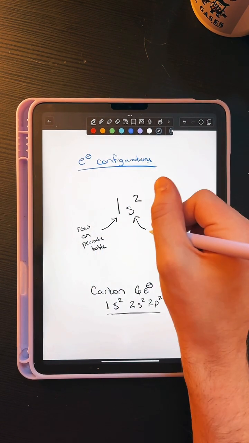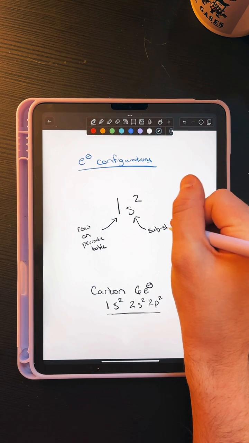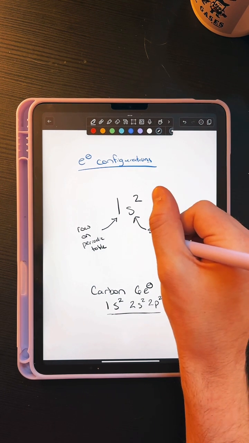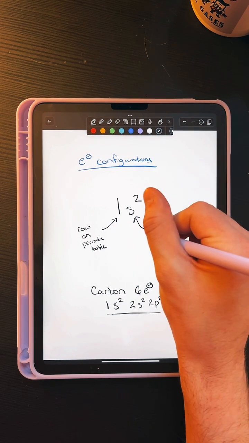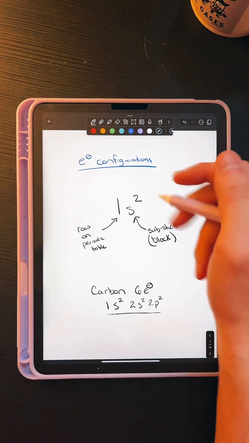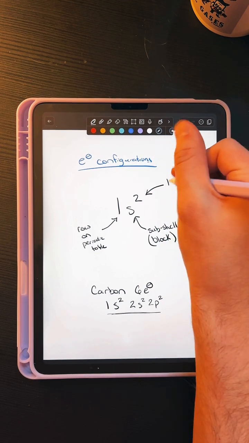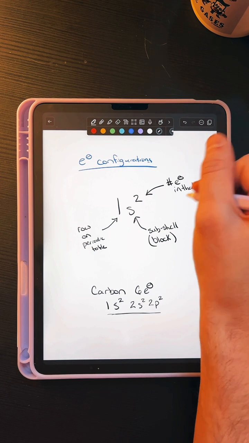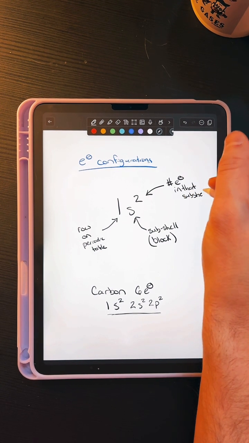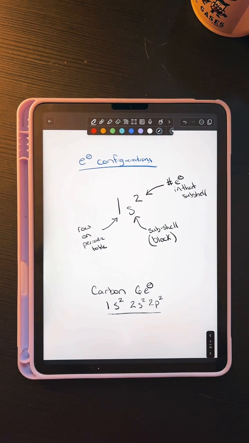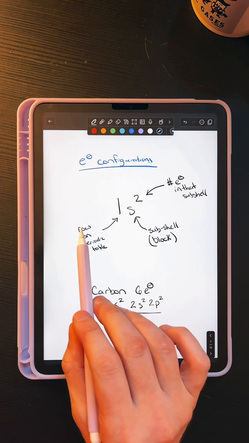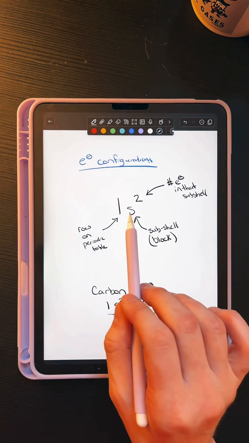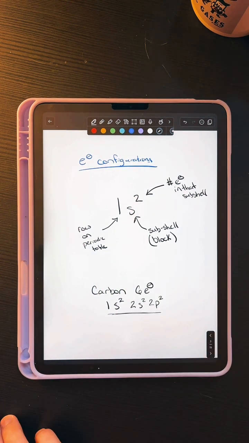This letter is the subshell. We can also find this on the periodic table as the block, and I'll go over what that means in just a moment. And then this is the number of electrons in that subshell. So this looks a little confusing, but if we break it down, we have the row on the periodic table, the block it's in, and the number of electrons.